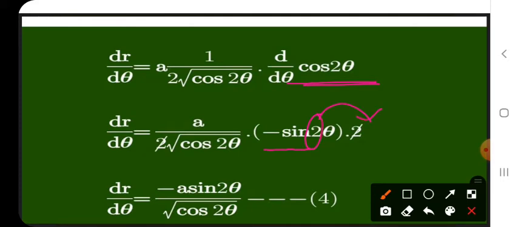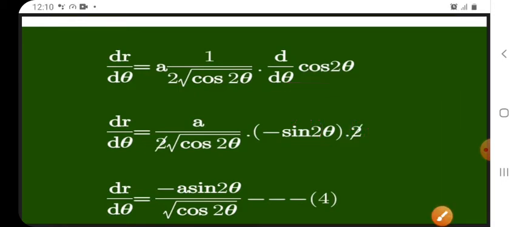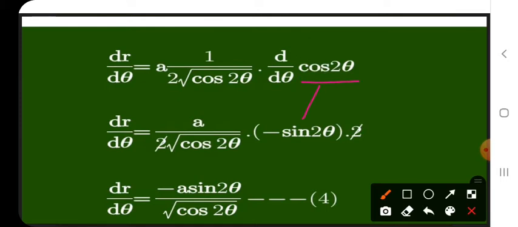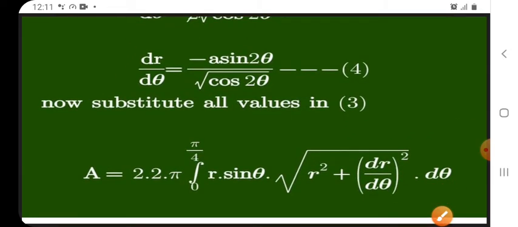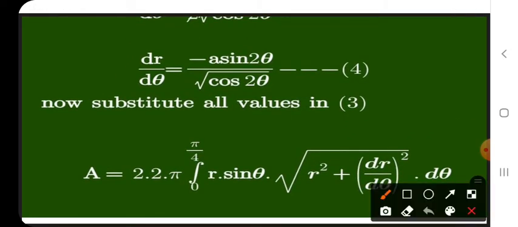That means the differentiation of cos is minus sin 2 theta, and we differentiate 2 theta again, and by differentiating 2 theta we get 2. Here I cancel 2 into 2. So therefore, what is the dr by d theta value? Minus a sin 2 theta by root cos 2 theta. Let this be equation number 4. Now I substitute all values in 3. What is 3? Our surface area formula.